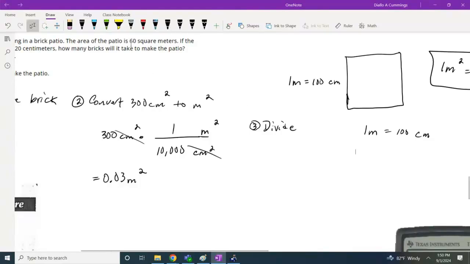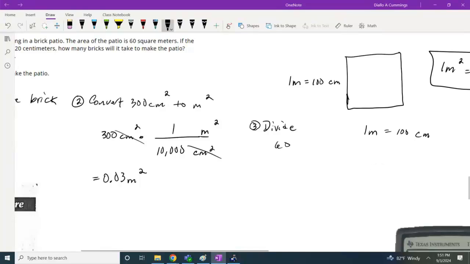So if the total patio is 60 square meters, and if 1 brick is 3/100 of a square meter, what would I have to do to determine how many bricks? That's right.